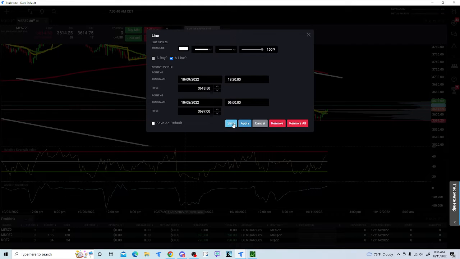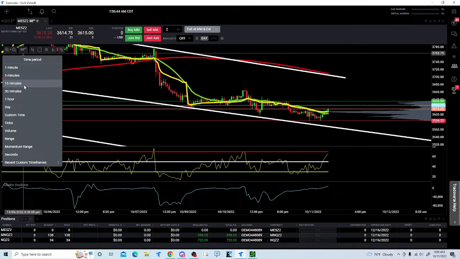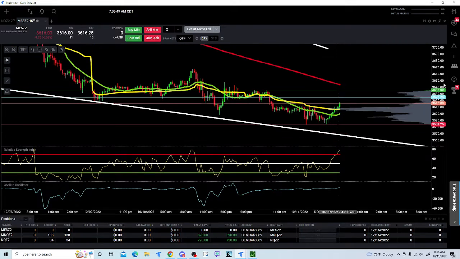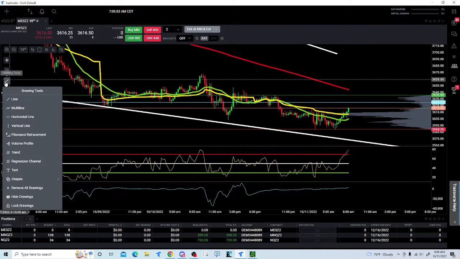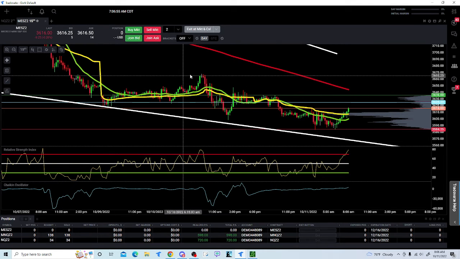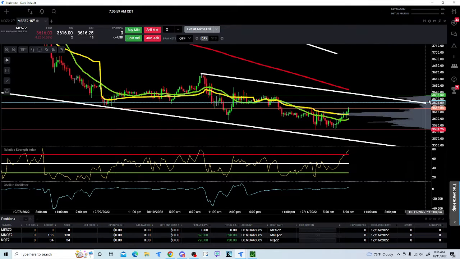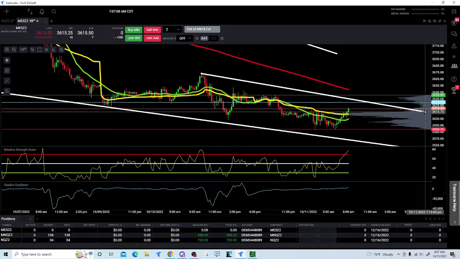Let's pop that A line on it. Looks good. Let's go down into 15 minute and see if we're missing anything. We got another shallow little trend here. We can go ahead and mark that off for the sake of marking it off for you guys. Again, you're learning. I like to keep them straight or parallel to one another.